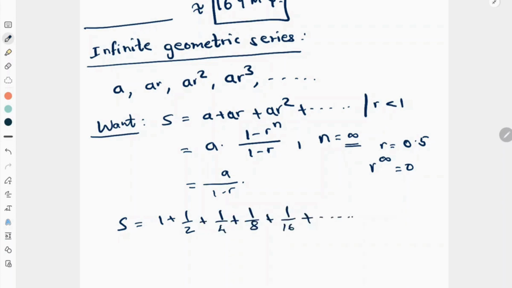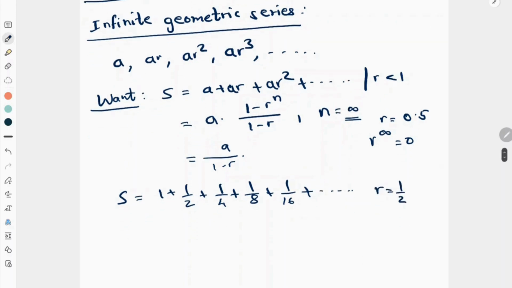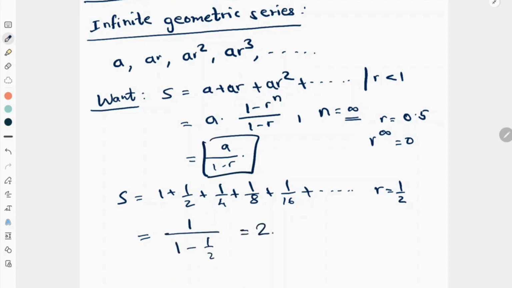Every term is half of the previous term, so r is equal to half. And I want to add all these infinitely many numbers. By the formula, a is the first term, which is 1, divided by 1 minus half, which is 2. So the sum of these numbers, where each number is half of the previous number, is 2 times the first number.